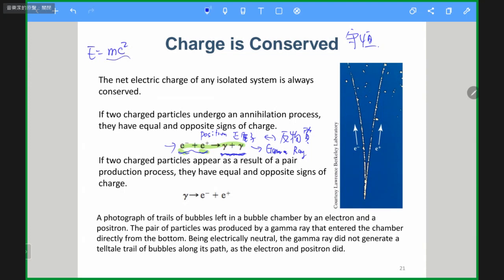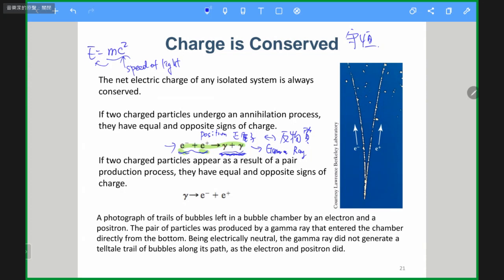So on the left side there is some mass, and after the reaction it will all change to energy. It depends on how large the mass is, and c is the speed of light. All the mass will change to energy on the right side.